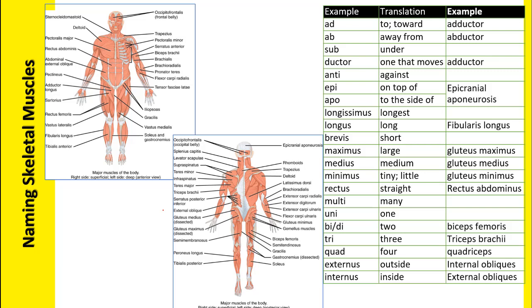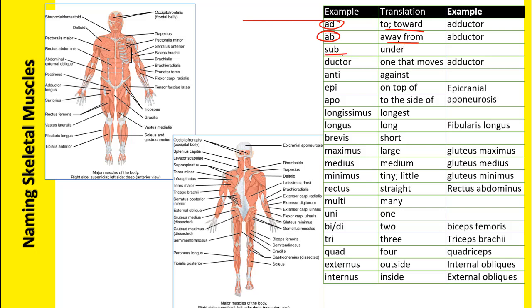But when you look at the names of the muscles, you can see that there is a system to it, right? If a muscle has the prefix ad, it means that it's going towards, or if it has ab, it means it's going away from. And usually toward and away is towards the body and away from the body.